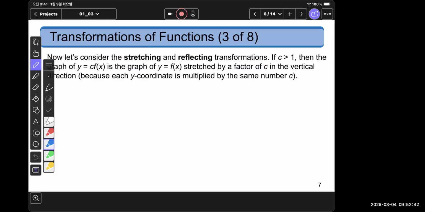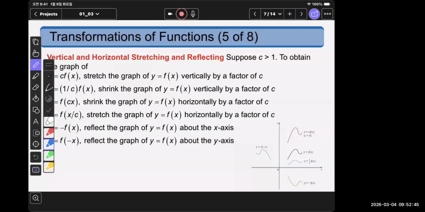Sometimes we need to consider stretching or shrinking. So sometimes some number c is multiplied to f of x. For simplicity, let me assume that this c is greater than 1.